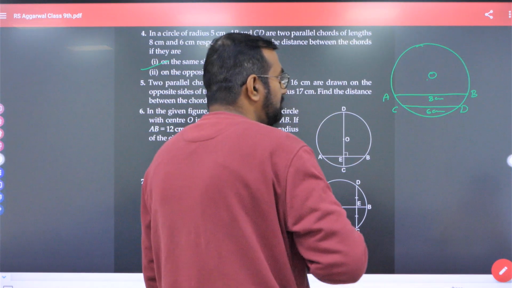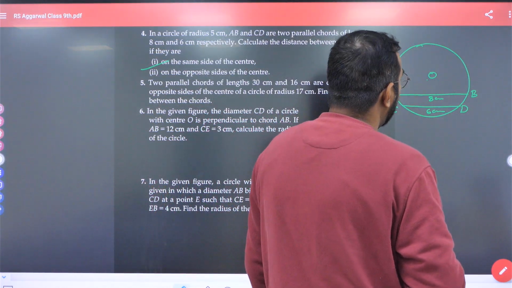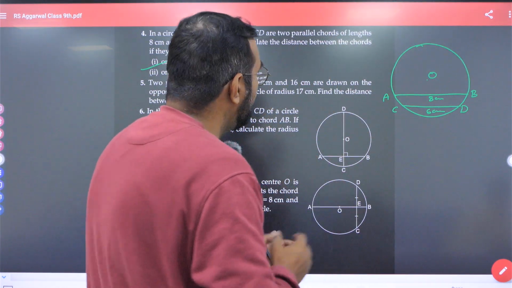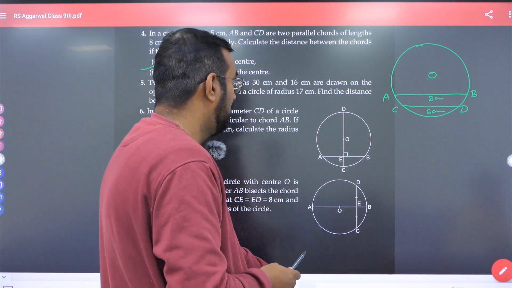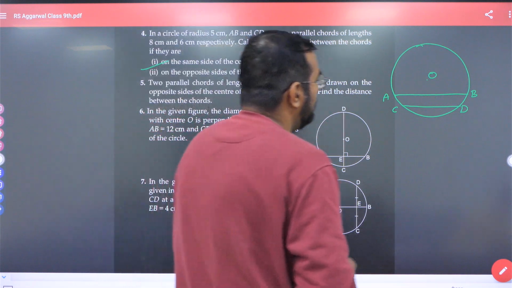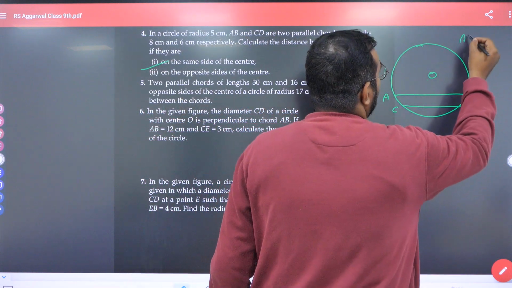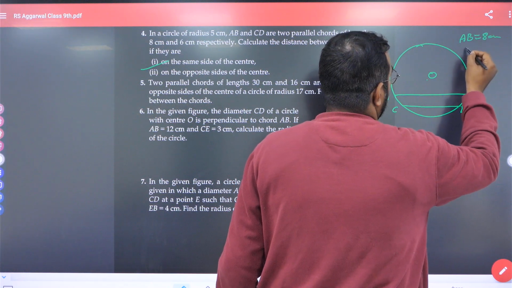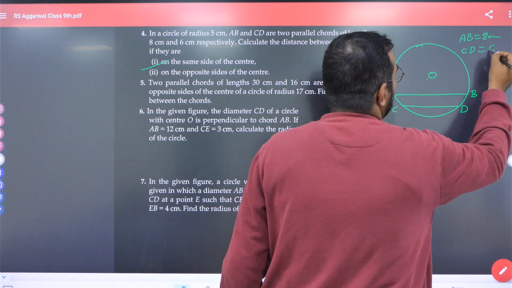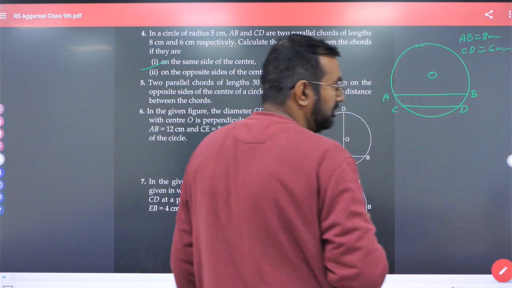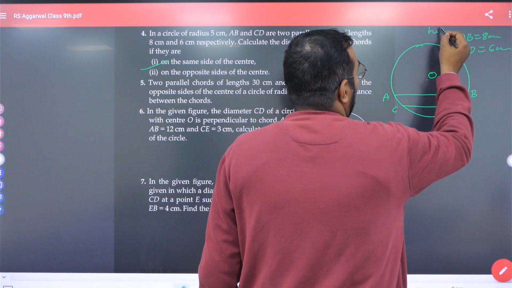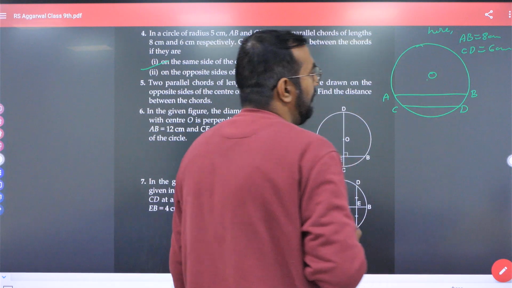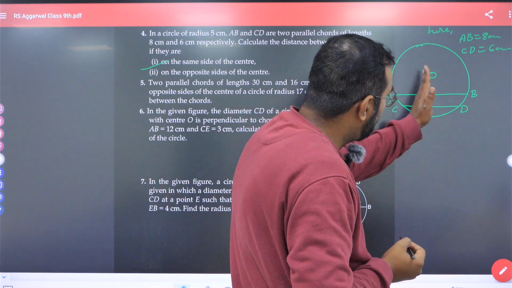Okay? Yes, sir. Now we have to find out the distance between the two chords, right? What we have to find? Distance. Here AB is equal to 8 cm and CD is equal to 6 cm. We have to find the distance between these two chords.